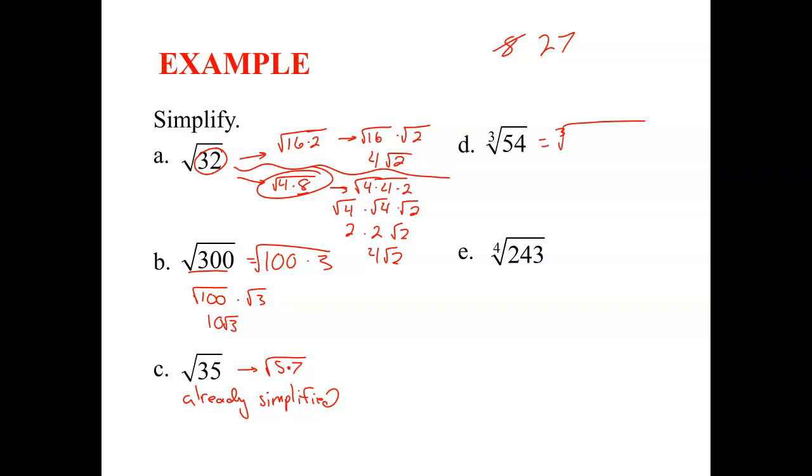The third root of 27 times 2. Third root of 27 times third root of 2. What's the third root of 27? 3. 3, third root of 2. Please make sure it is clear what number is your index and what number is the factor on the outside.